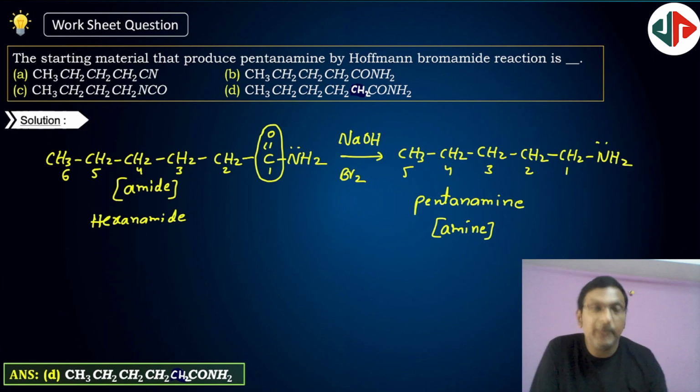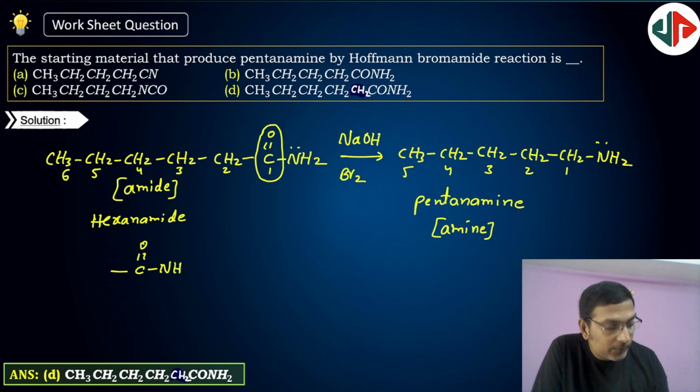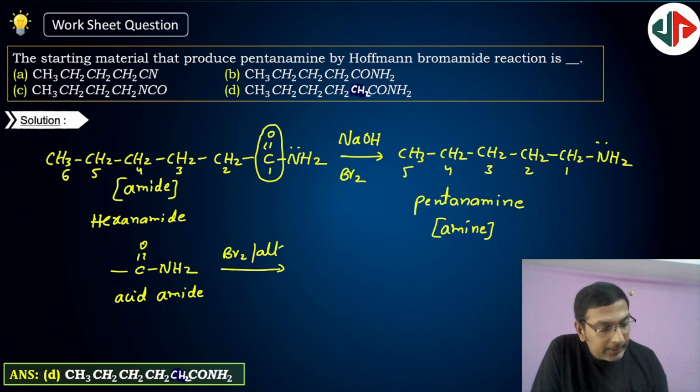So Hoffman bromamide reaction is nothing but, so here this compound CONH2, the acid amide, with Br2 and alkali. Alkali means NaOH or KOH can be used.